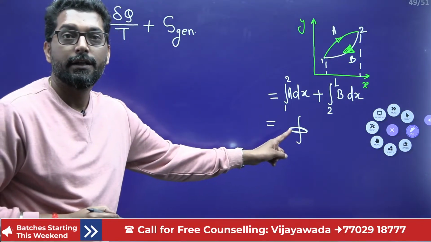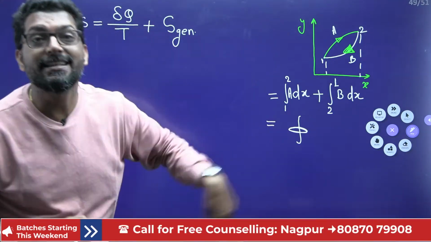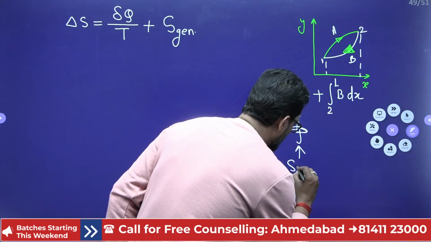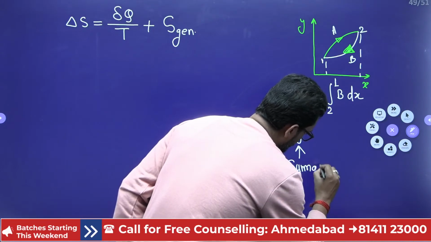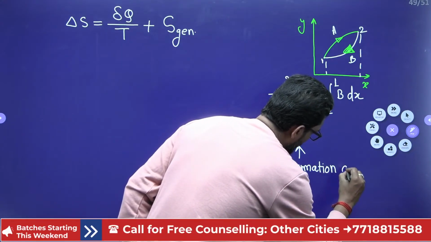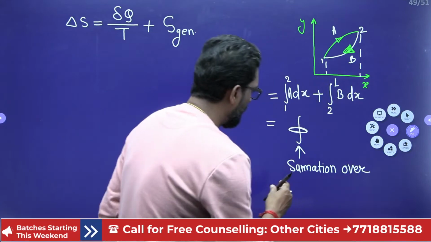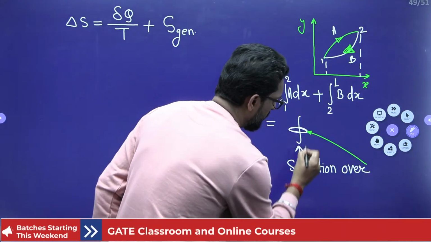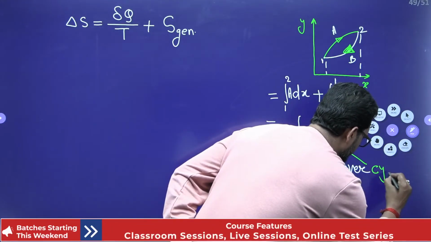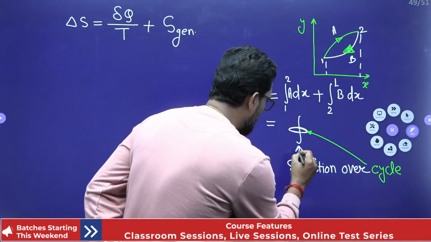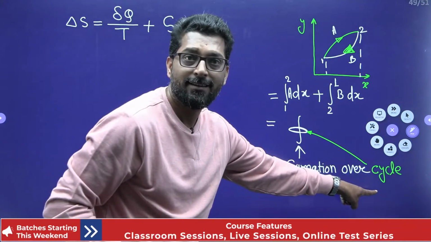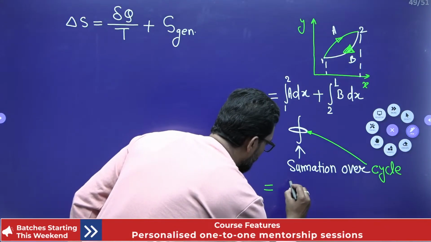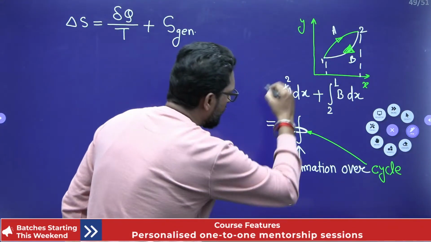This is the summation over the cycle. This notation is the summation over the cycle. So, this is your cycle integration.